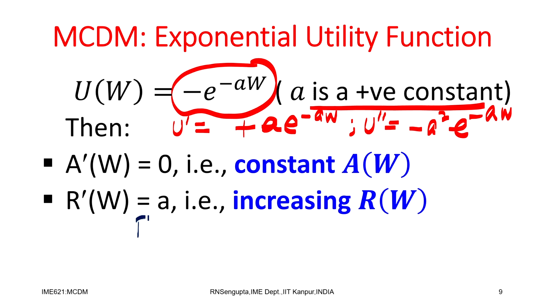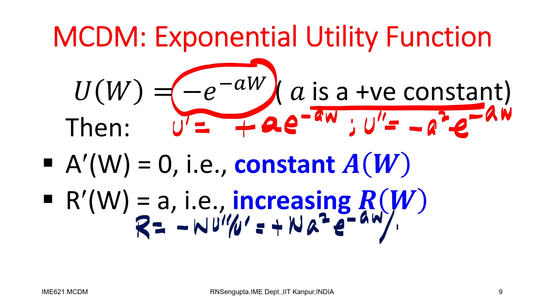So, r is minus w u double prime by u prime, which becomes a square e to the power minus a w by a e to the power minus a w.